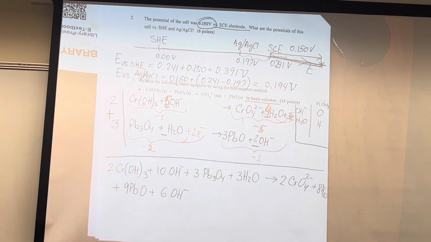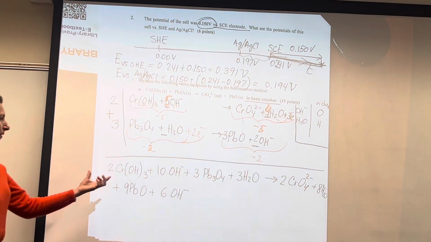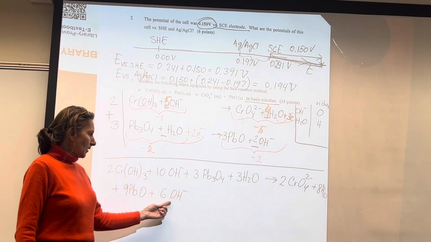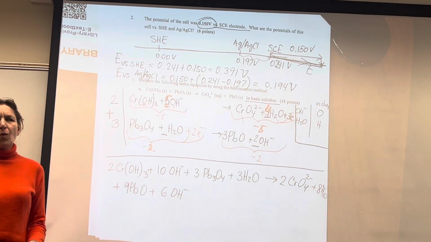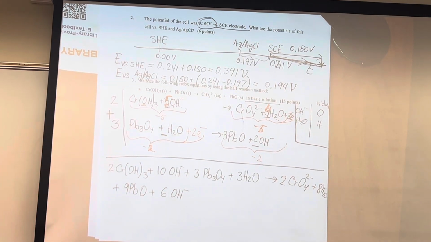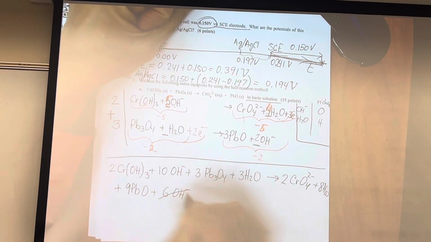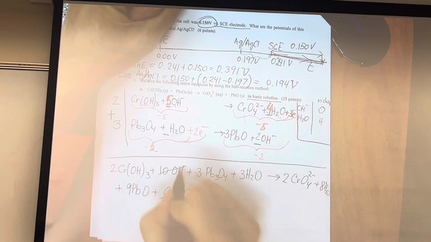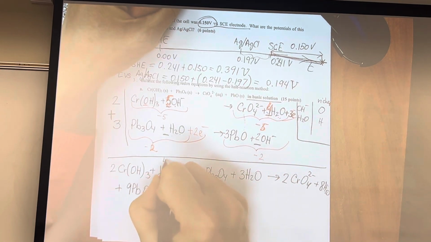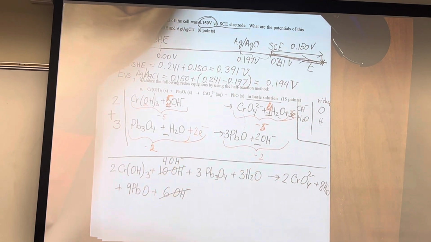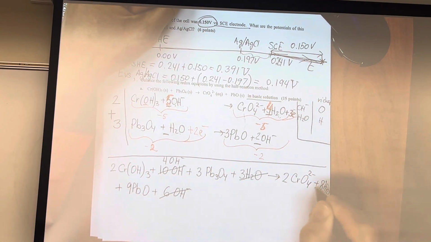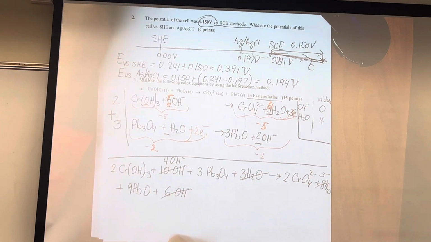Okay, we know we are not done because we have the same species on the reactants and products side. OH minus and water have to be partially canceled, right? So we will cancel 6 OHs. 4 OHs will still be available on the left. We have 3 waters that will be canceled and 5 will be on the right.